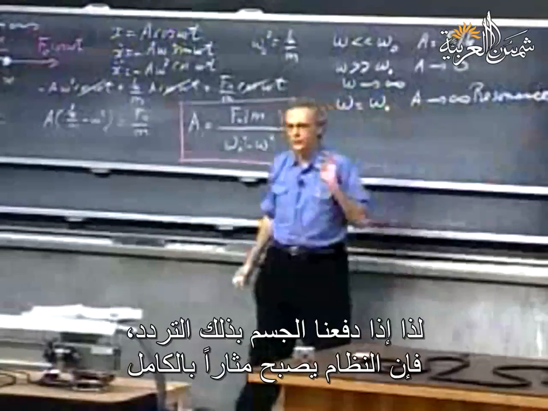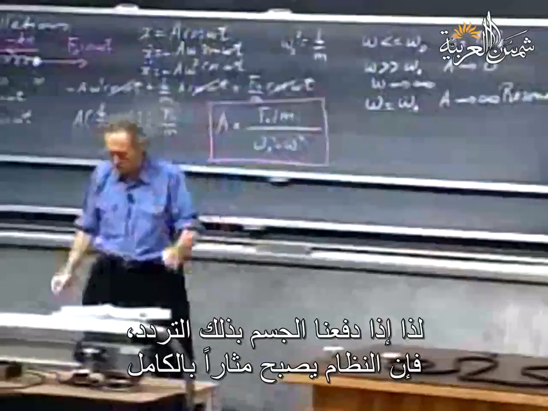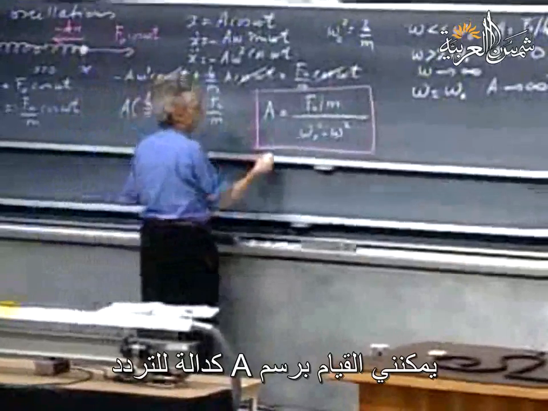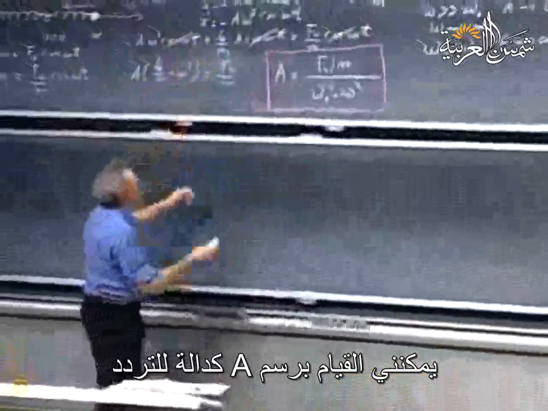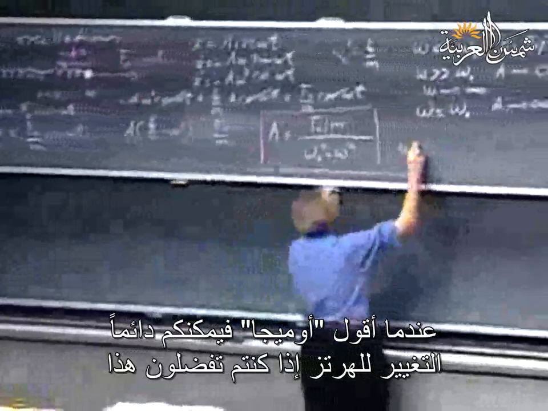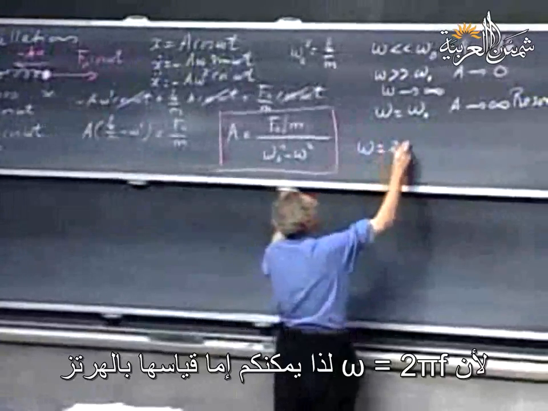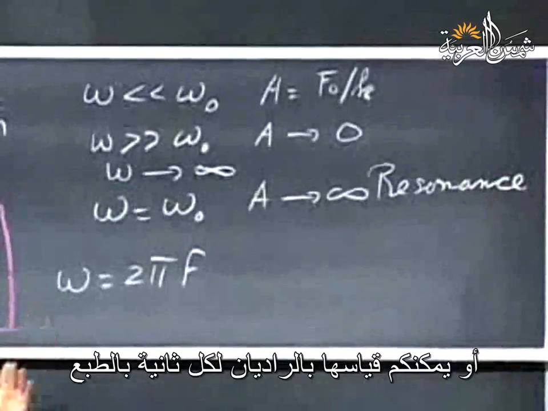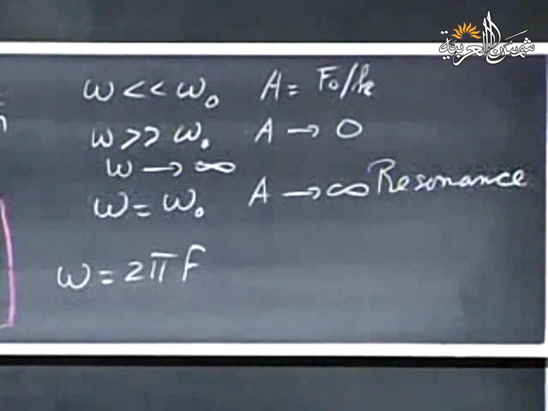So if we drive it at that frequency, the system goes completely berserk. I can make a plot of A as a function of frequency. When I say omega, you can obviously always change to hertz if you prefer, because omega is 2 pi times f. So you can do it either in hertz or in radians per second, of course.